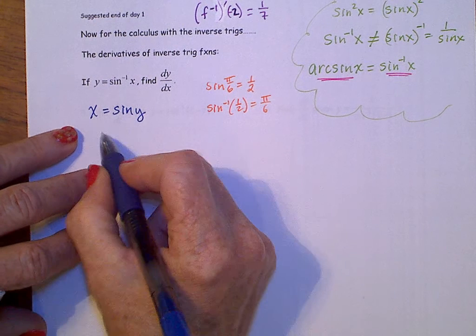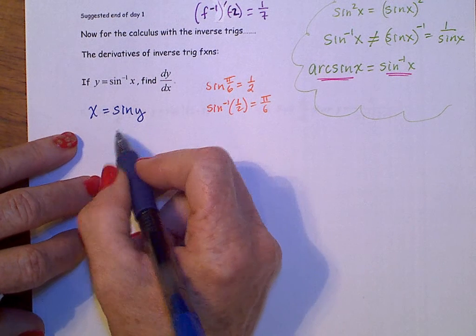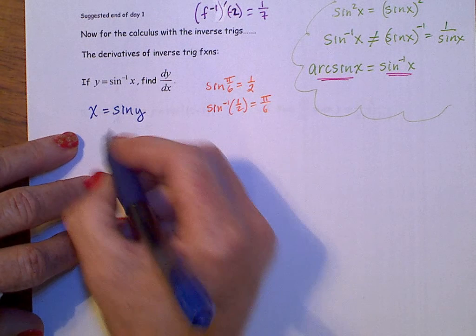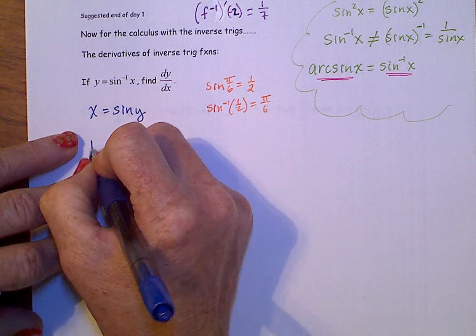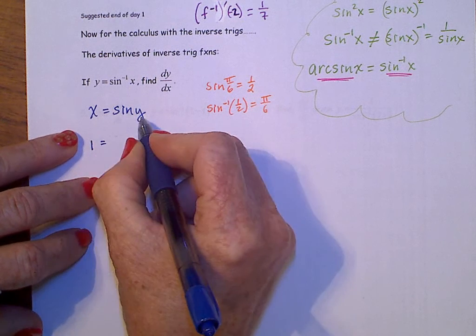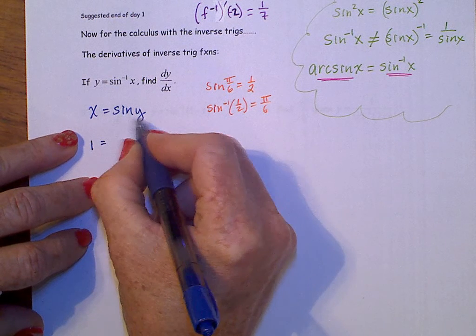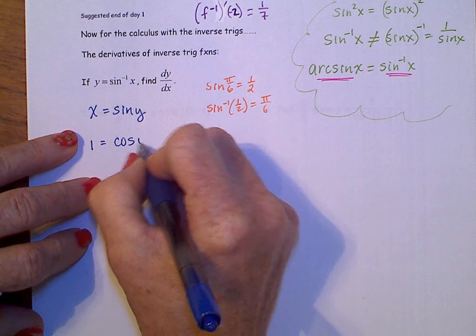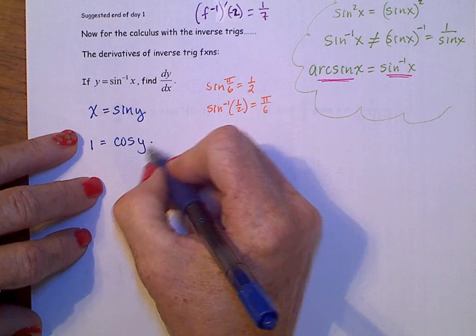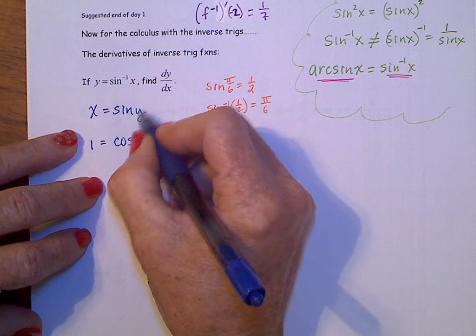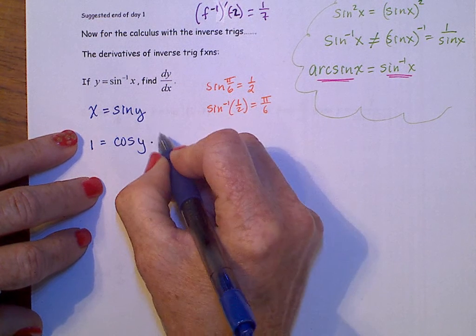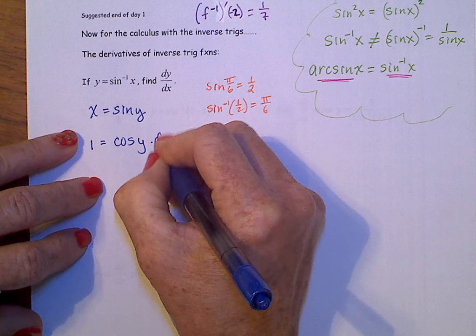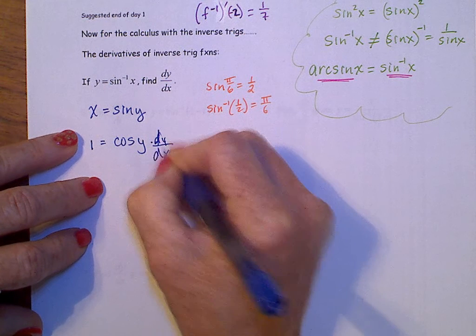All right, now we can do a derivative, and we have an implicit differentiation in here. The derivative of an x is 1. The derivative of sine y, the derivative of sine, is cosine y. But then we have to multiply times the derivative of the inside. Remember, that's a hidden function of x. So times dy dx.